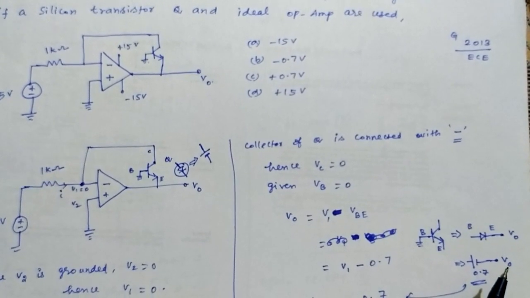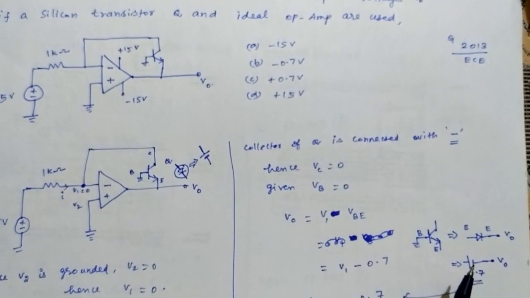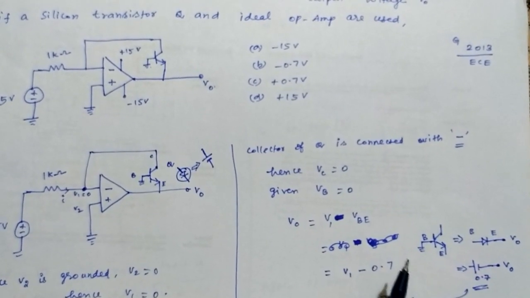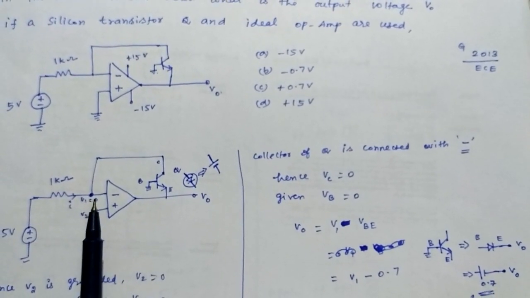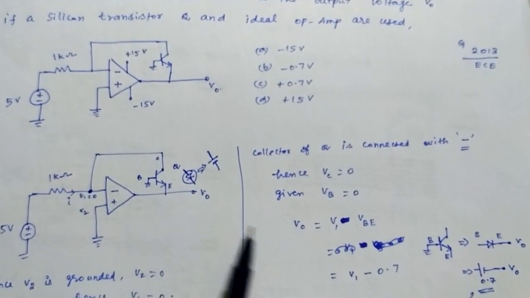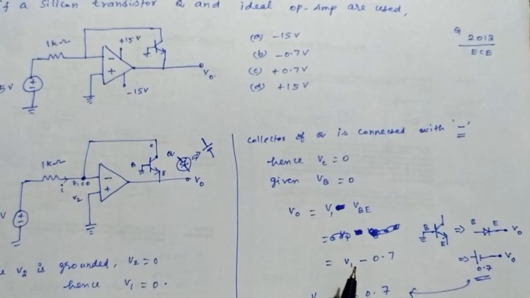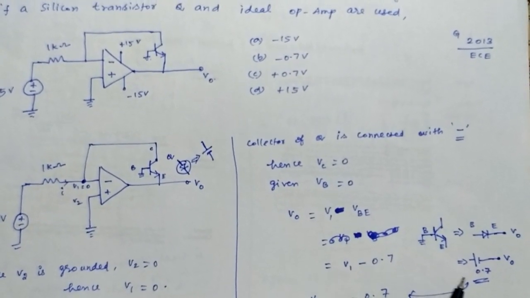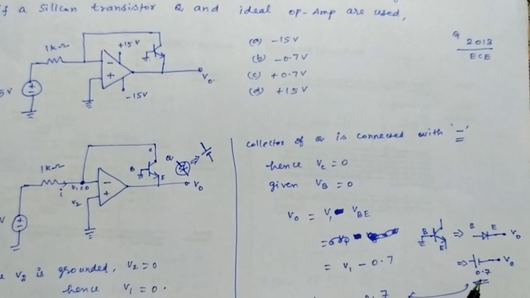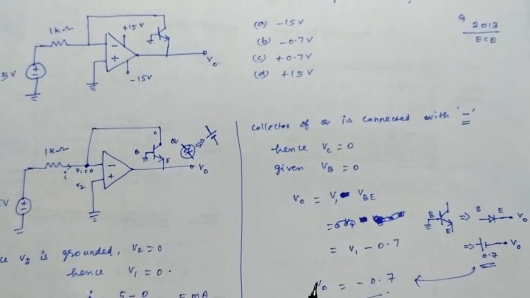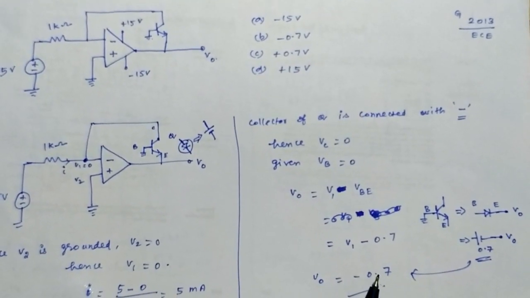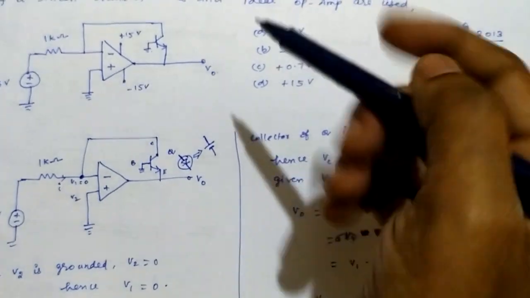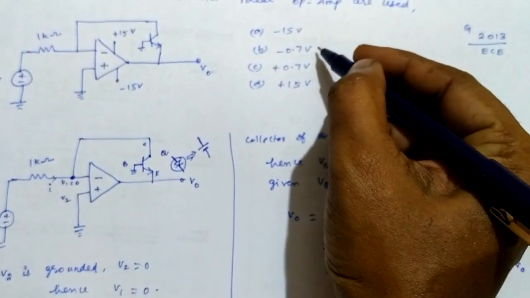So therefore this output voltage is nothing but the difference between this V1 and the base emitter voltage. V1 voltage we mentioned as 0 volt. This base emitter voltage is 0.7. So therefore the output voltage is minus 0.7 volt. This is the answer.